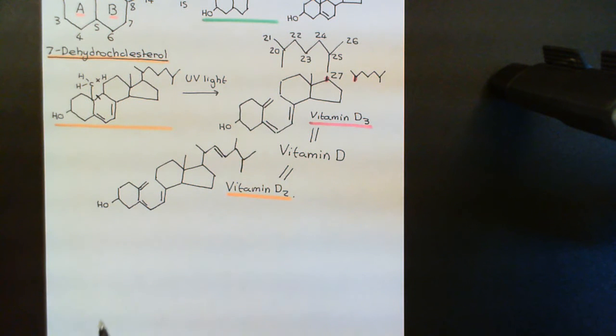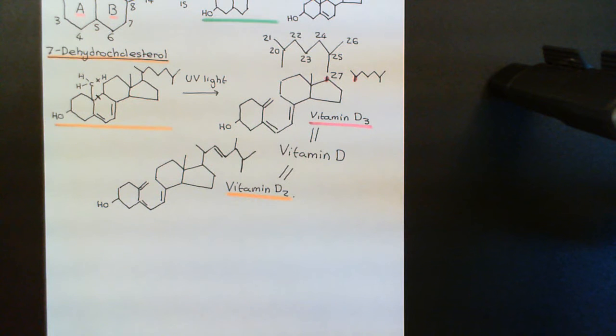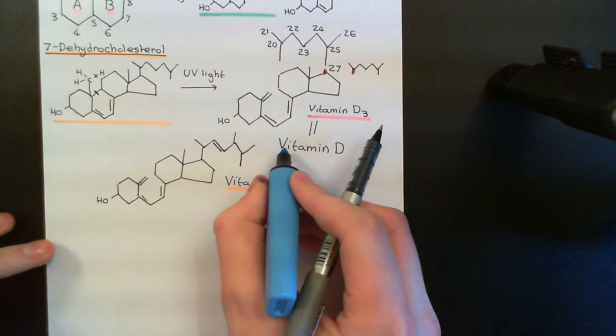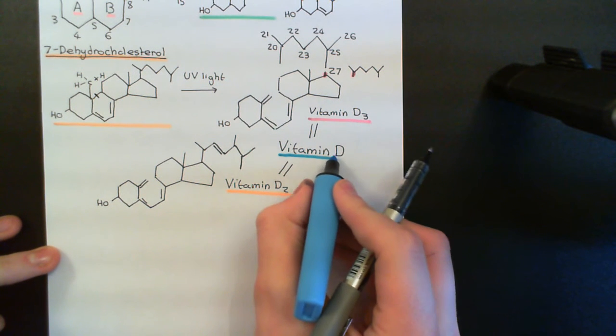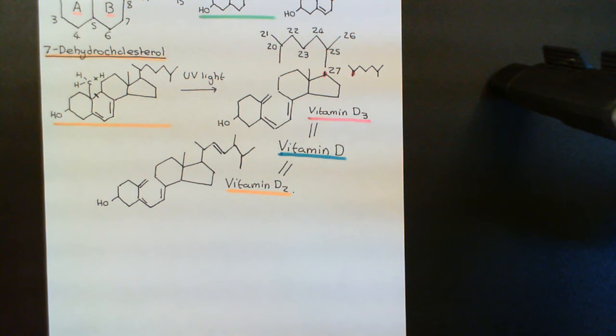So when we talk about vitamin D, we could be talking about molecules that look like this, vitamin D2, or molecules that look like this, vitamin D3. They're both going to do the same biological activity. What I now want to talk about is what this biological activity is. The first thing to say is that vitamin D is a fat-soluble vitamin, which means that it's not terribly soluble in water.